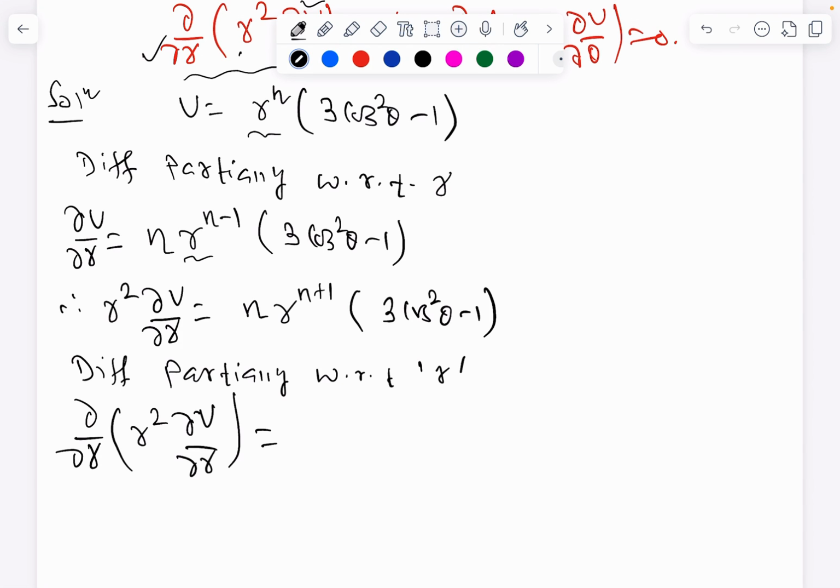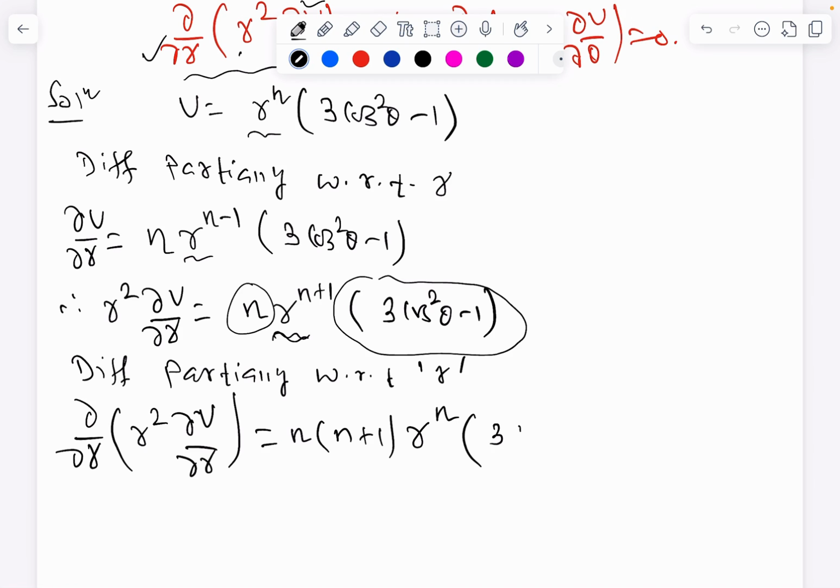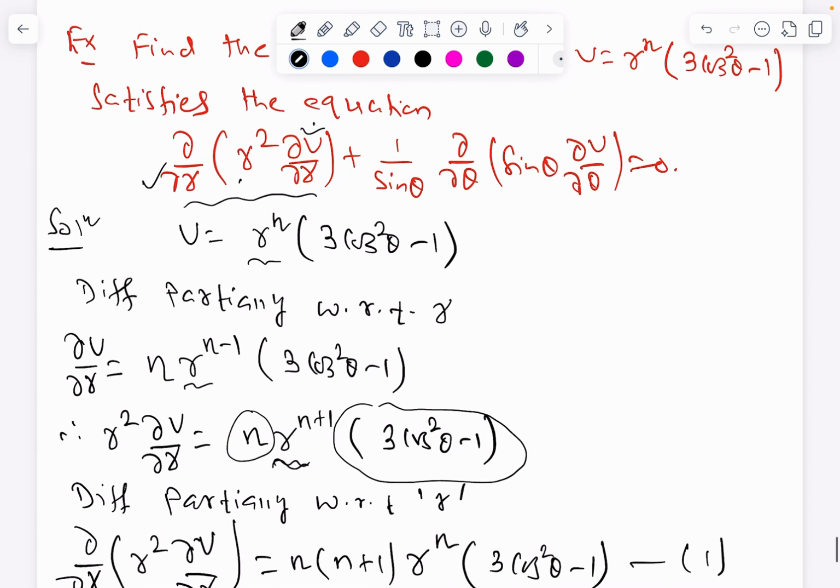So that is equal to, this is constant n and 3 cos square theta minus 1. So derivative of r power n plus 1. So that is n plus 1 r power n plus 1 minus 1. So that is n into 3 cosine square theta minus 1. So let us call it 1. So we found this part.